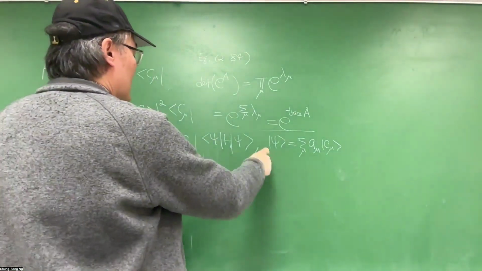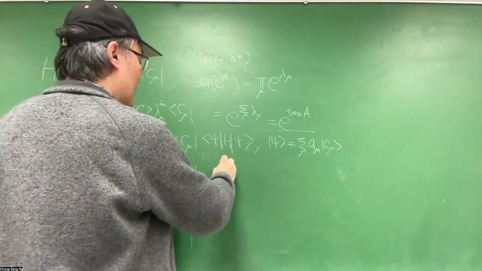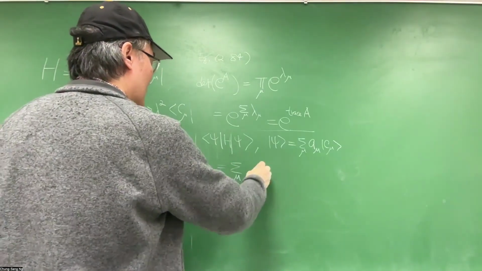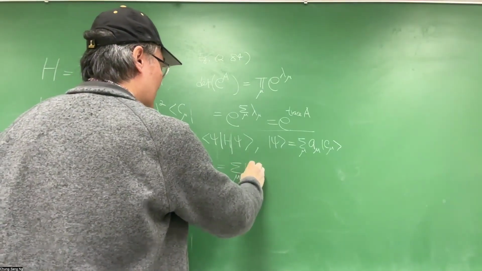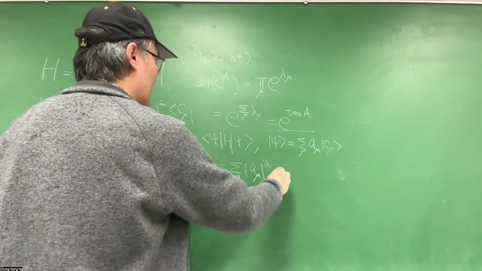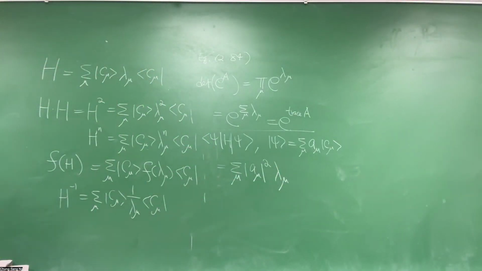And then this expectation value is obviously just a sum over mu, because it's diagonalized. So it's just a mu squared times all the lambda mu, right?